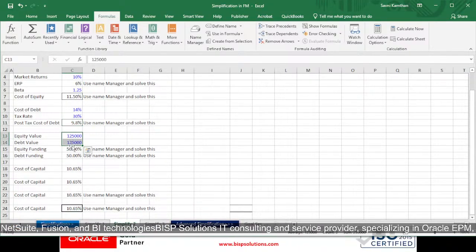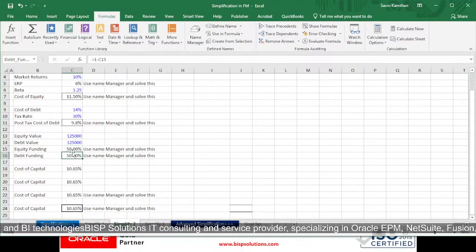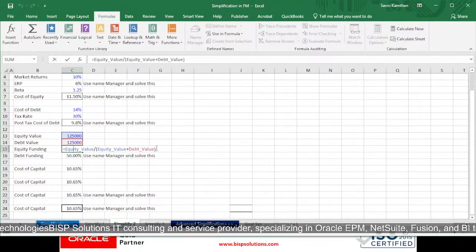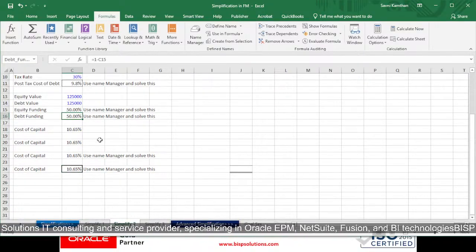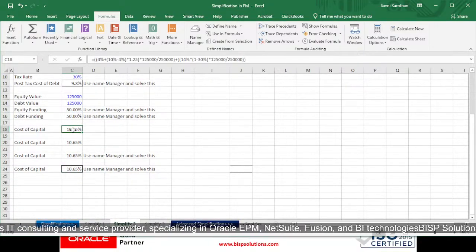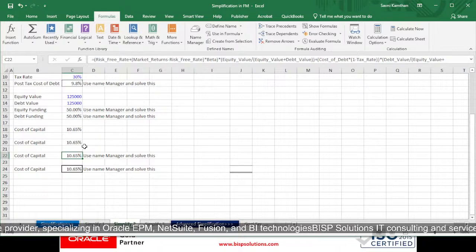Then with equity value and debt value I have calculated my equity funding and debt funding. So one way is manual calculation, the second is cell referencing, and the third is using name manager.